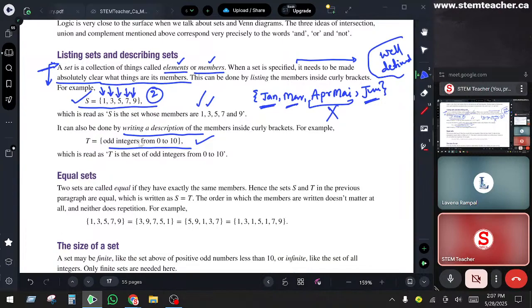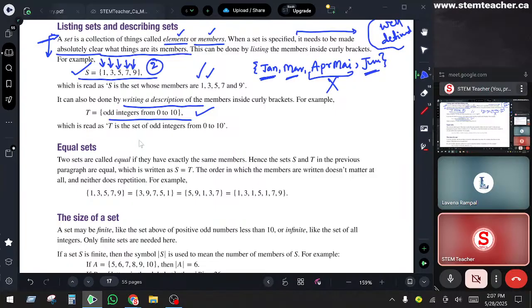Next, equal sets. These are equal. Can you see? This is wrong. See, 1 3 5 7 9, 3 9 7 5 1, 5 9 1 3 7. The order is not important. The members are important; the order could be anything.